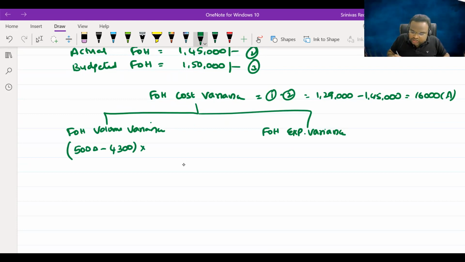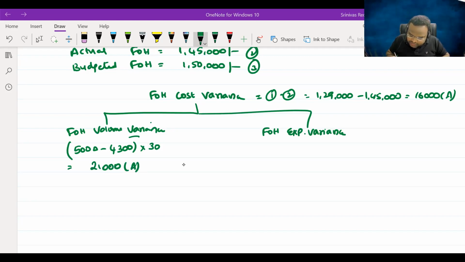The standard recovery rate per output is 30. Like if I planned for 40 students but got only 35, I'm unable to recover from 5 students, 5 into 100 is 500. Similarly here, on 700 units I'm unable to recover, at 30 rupees per unit. So 700 into 30, 21,000 adverse volume variance.